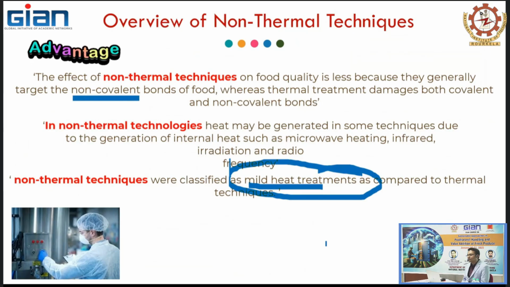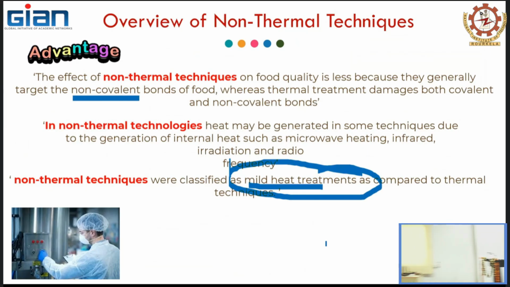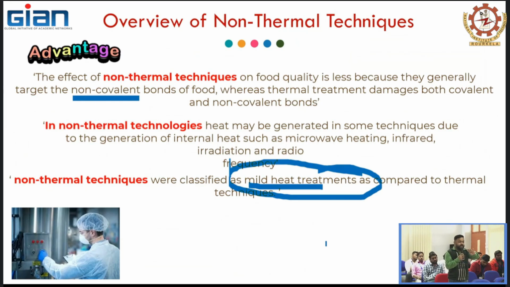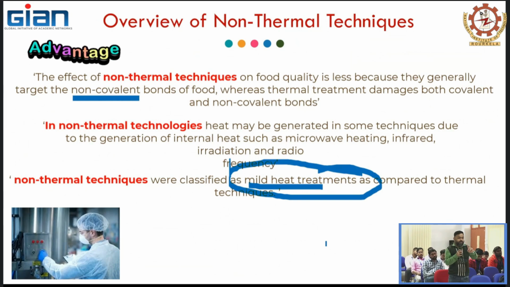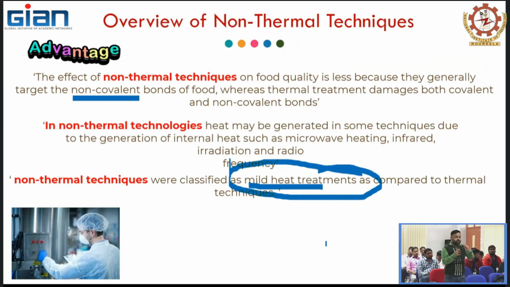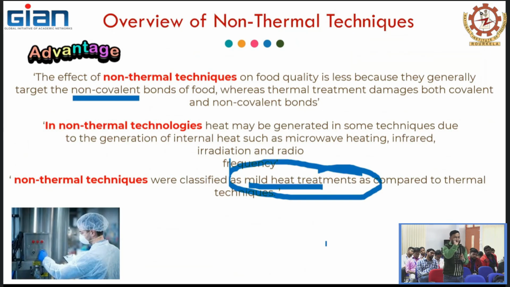Another question: you talked about the indirect treatment of irradiation, like UV, because I know that if direct treatment is given, it could damage the DNA. Can you elaborate about the indirect treatment?